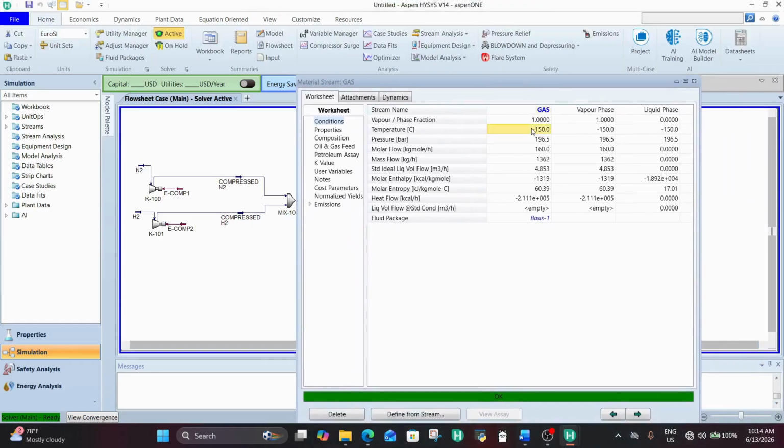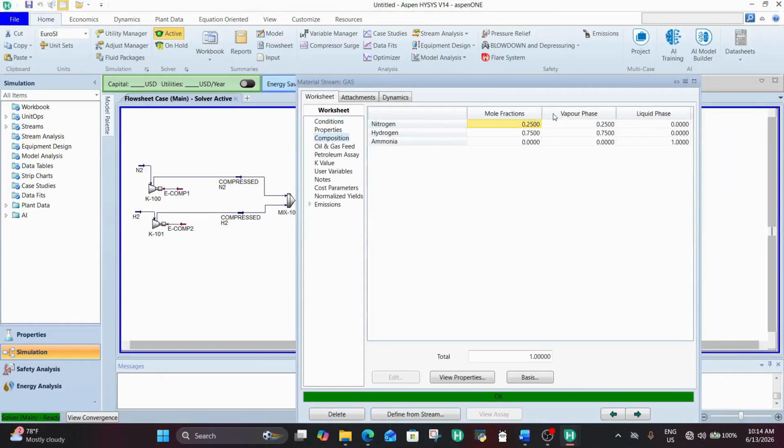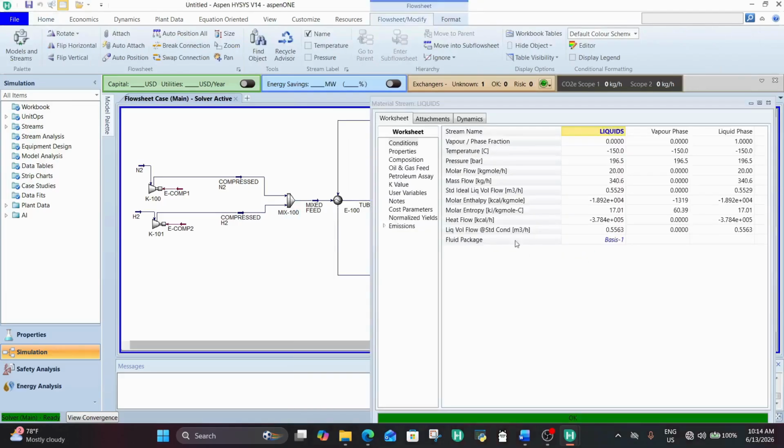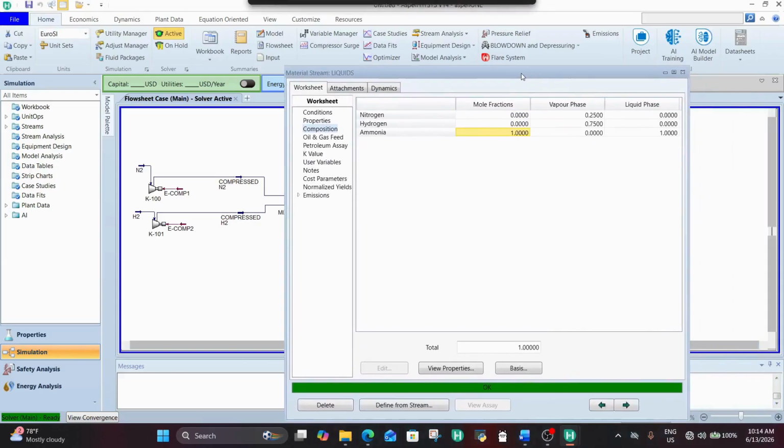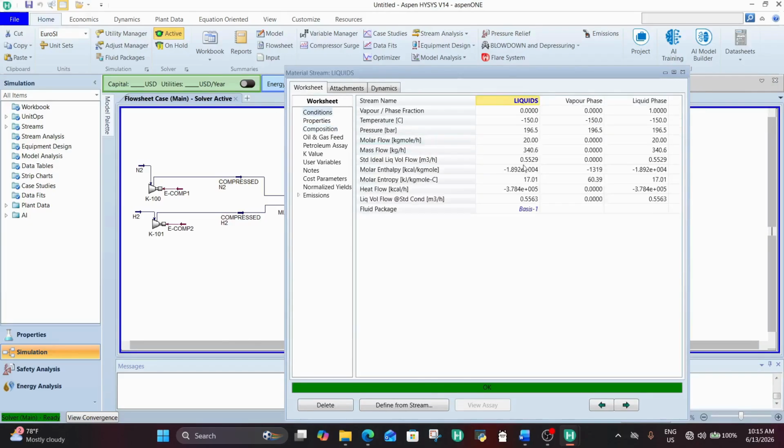So all our hydrogen and nitrogen, that's all we have here, and ammonia at the bottom. Yep, 100% ammonia down here. So golden question, let's see.